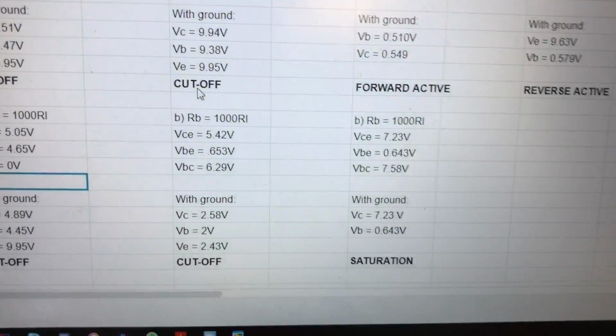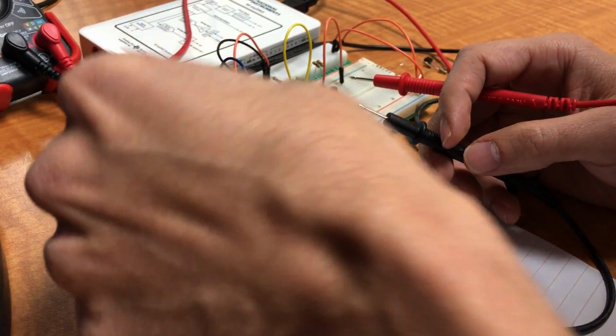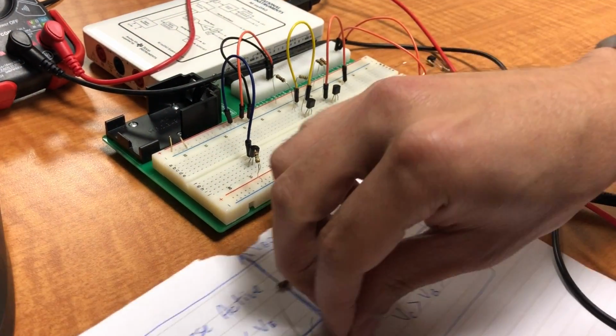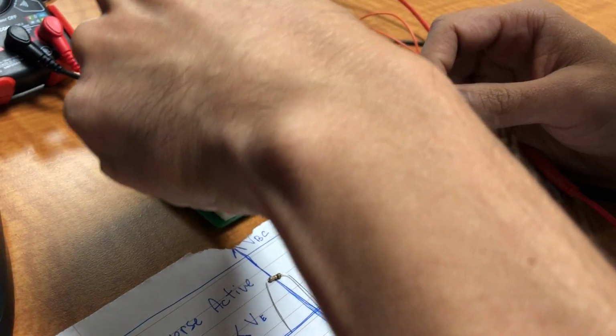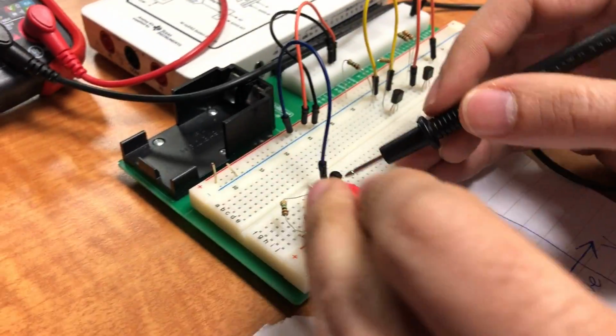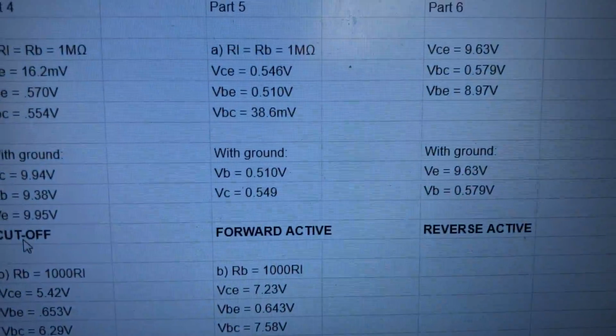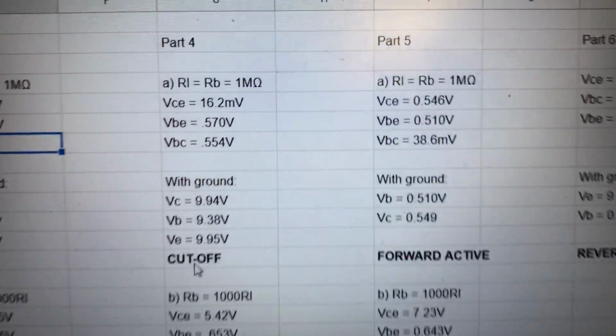Now we're going to change the load resistor to make it equal to the base resistor. Now we measure the same voltages. 16.2 millivolts, 16.2 millivolts.